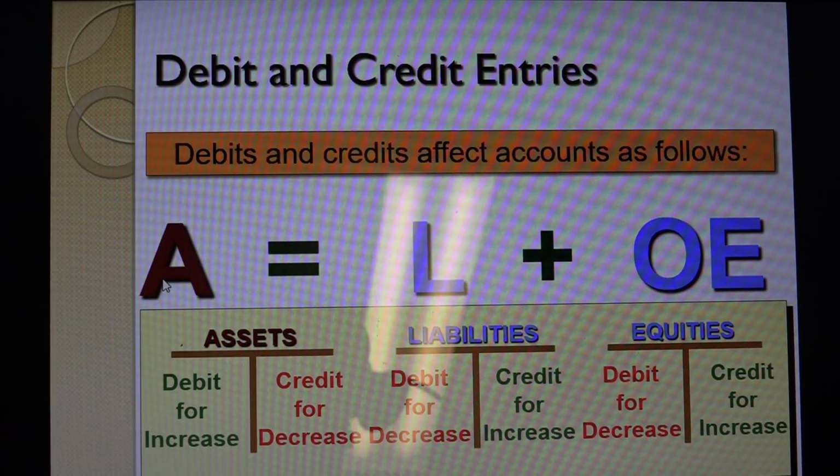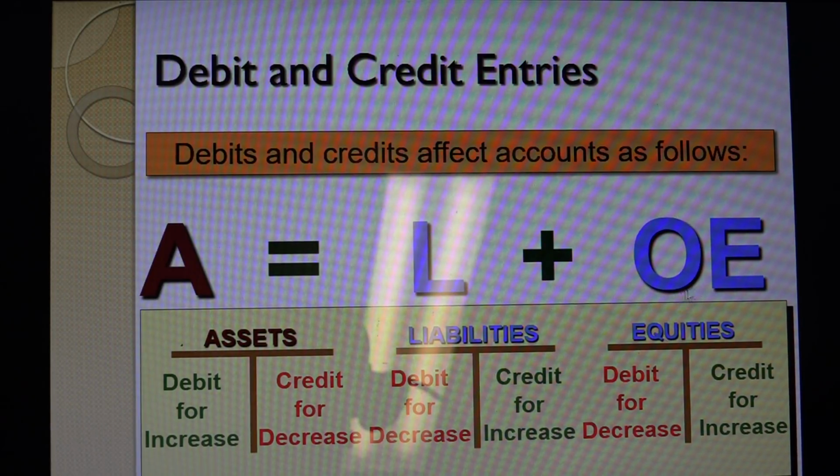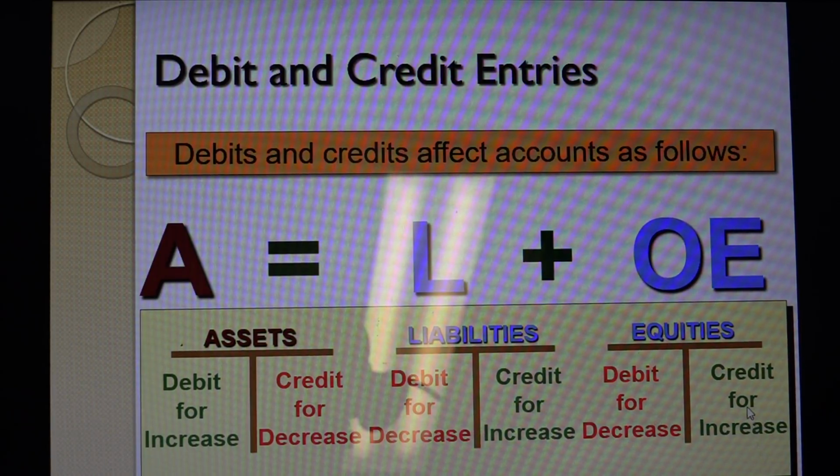Now, so we talked about this. Overall, the total equity account is going to have a credit balance. And to increase an equity account, you credit it. Remember, it's on the right side of the accounting equation.